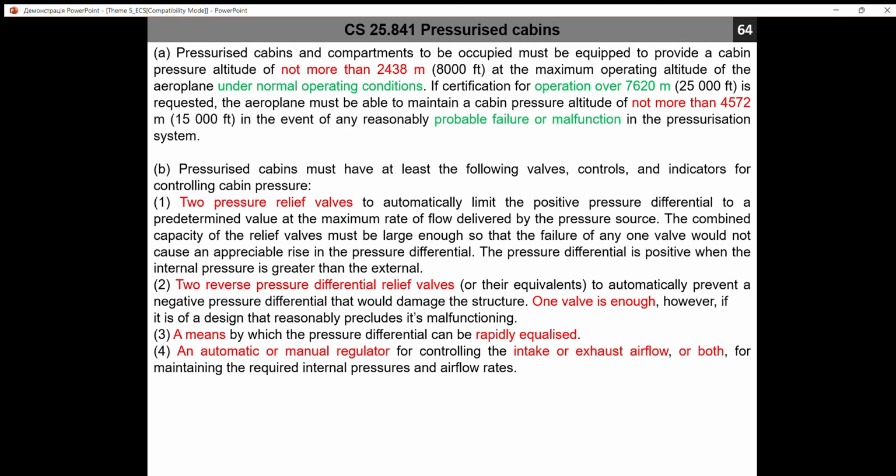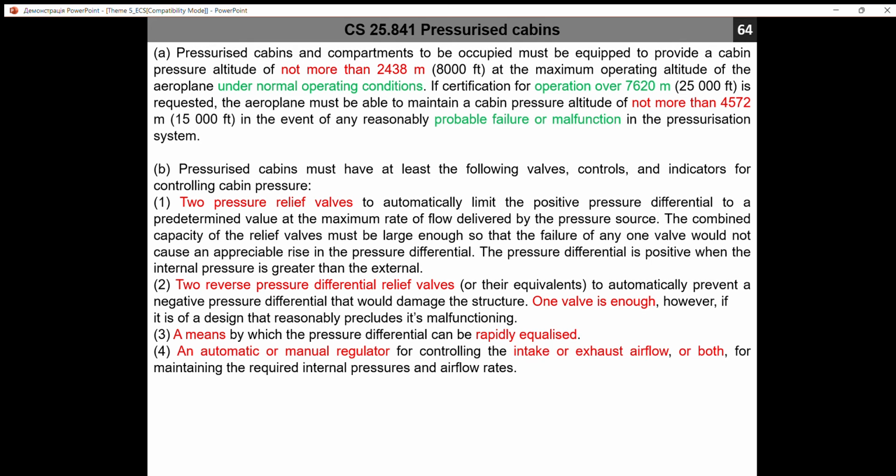And we know that with increase of altitude the pressure decreases. If you are going on a mountain to an altitude of 8,000 feet, that is approximately 2.4 kilometers, you will reach this pressure of 0.75 atmosphere.